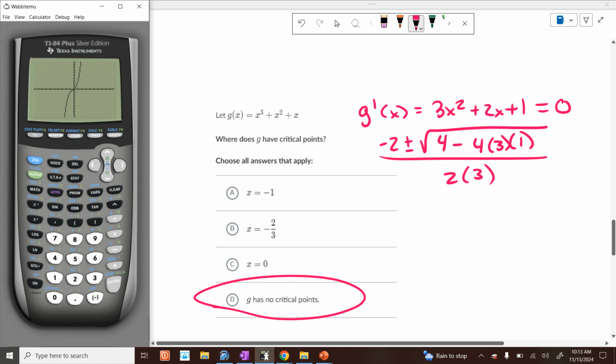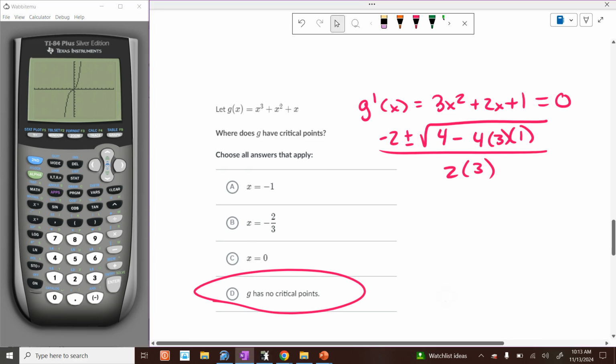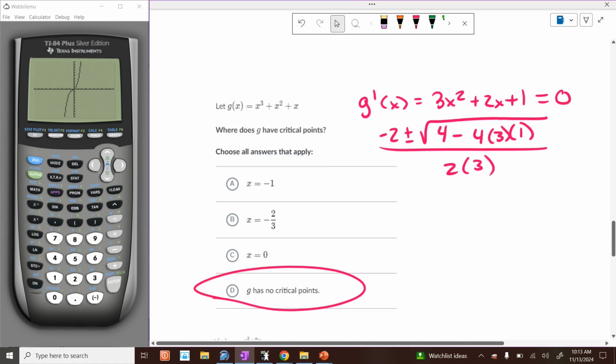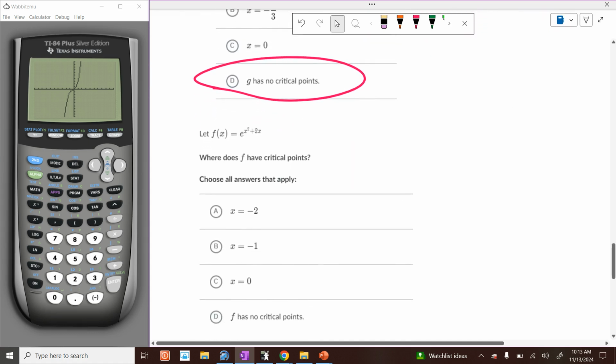Yeah, okay. This graph, what happens is it goes up, it has a little turn, and it keeps going up. Is there a maximum or minimum that occurs there? No, it just constantly goes up, so then it's not going to have any critical points. So if you have questions of what's going on, then what you do is you just look at the graph, and it can kind of help you out.